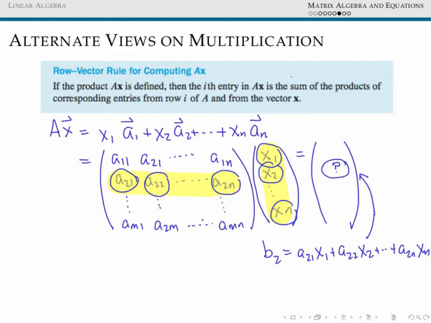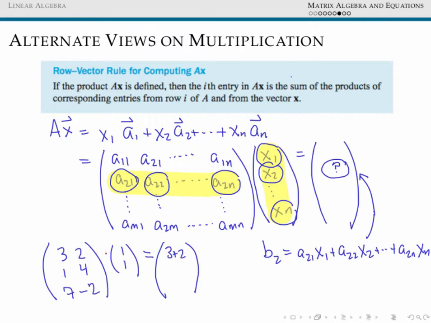So as a sample calculation, just a very basic one, we could multiply the matrix, let's say 3, 2, 1, 4, 7, negative 2, by the vector 1, 1. And to compute this product, we take the product of 3 and 1 and 2 and 1 to get 3 plus 2.